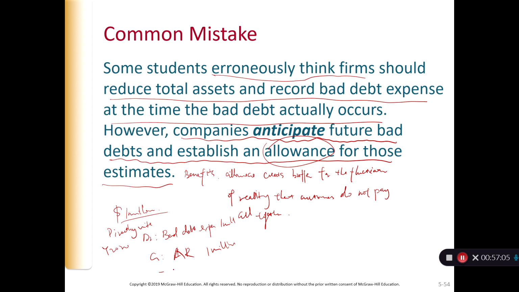Then you will take a big hit that year. But if you use the allowance method, when the write-off really happens, remember you only debit the allowance account and credit accounts receivable. There's no impact on your income statement.